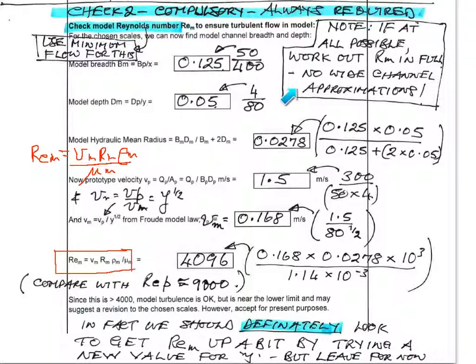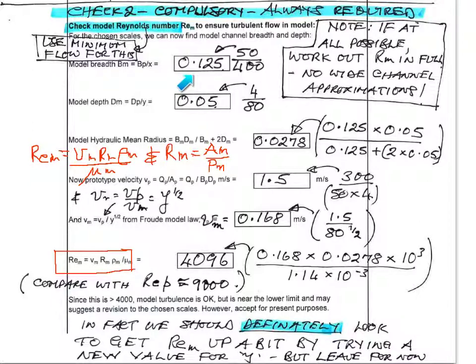But when we're checking the Reynolds number, if we're given enough information, we should try and work out the hydraulic mean radius of the model from the full expression, which of course is A over P. So the hydraulic radius is A over P. The area of the model is the breadth of the model times its depth, and its wetted perimeter is its breadth plus twice its depth.